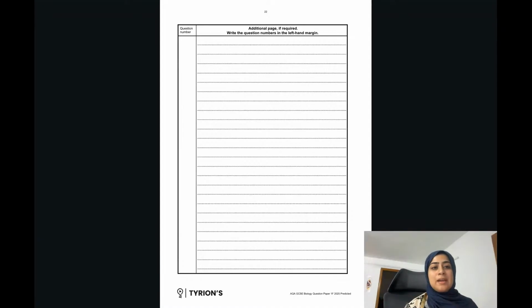So static electricity is a really good one that you can watch a video on. Again, another good one to do is conduction, convection, radiation. That's really good to do as well.